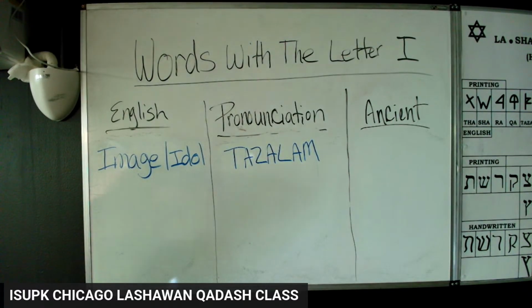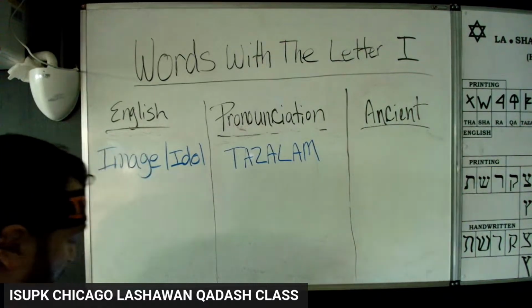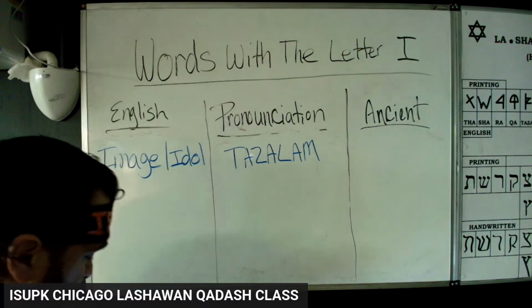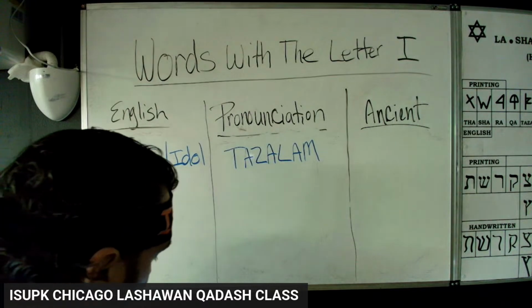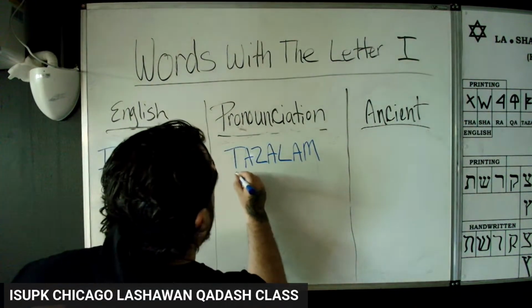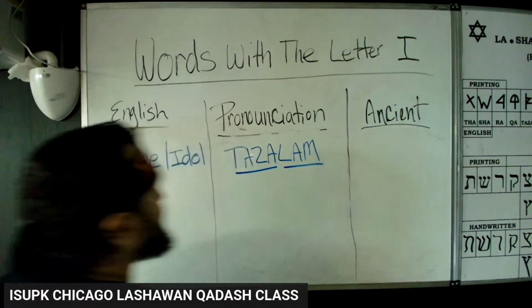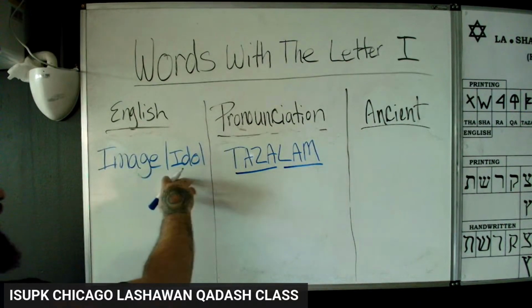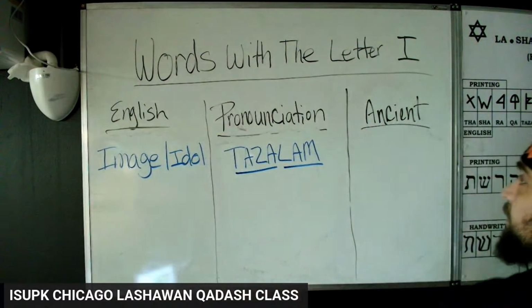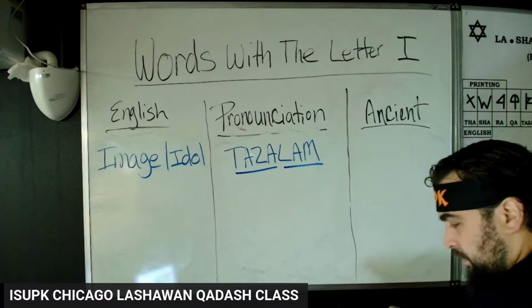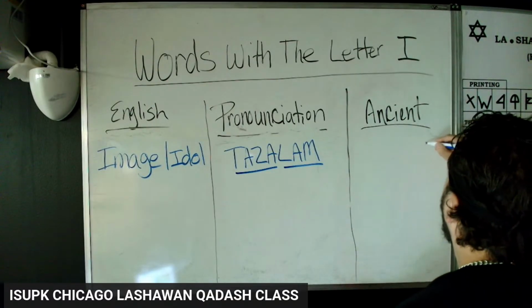All right, since we go over this every week, you guys should be trying to go over the connectors before I write it out myself in the ancient. So it'll be like this. Taza Lam, right? Image and idol in English is Taza Lam. All right, let's get it.